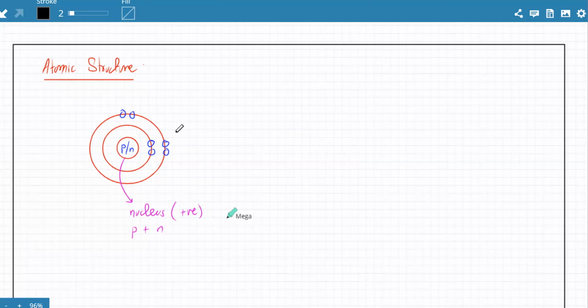So it's like a magnet where the nails are sticking to the magnet. There's an electrostatic force of attraction that is pulling the electrons. All the electrons are getting attracted to the nucleus.